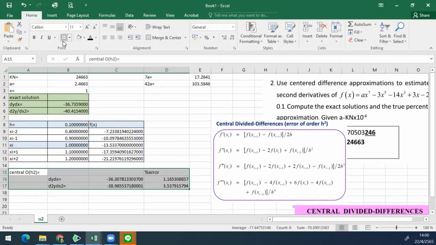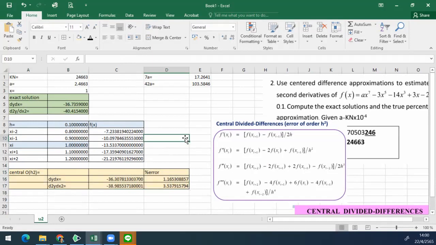This is for the case that we use the central difference of O(h squared), right?